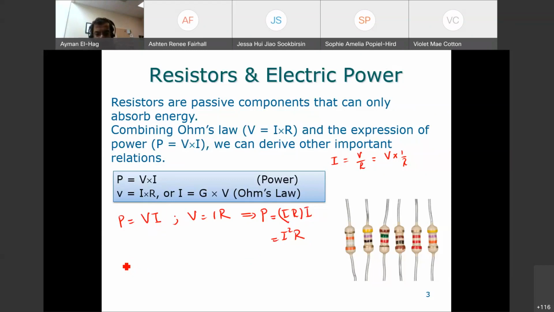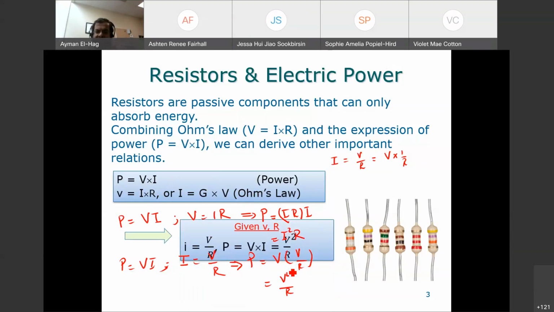Or P is equal to VI, but we know from Ohm's law that I is equal to V over R. So P is equal to V times V over R, or equal to V square over R. So we have three equivalent laws to find the power: either P equal to VI, I square R, or V square over R. It depends what I have in my circuit. I will use the proper formula, but all of them will give me exactly the same answer.